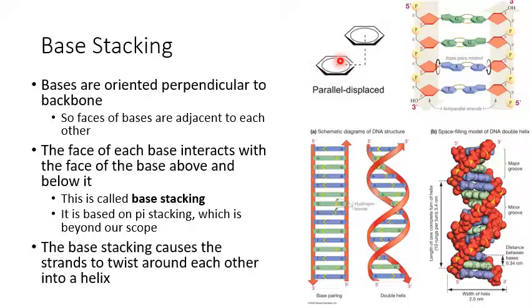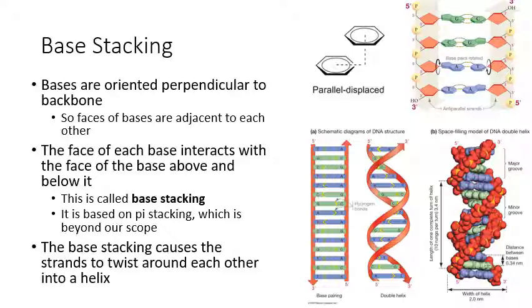So you would have one and then on top of it, but off to the side a little bit, you have the other. So in order for these bases to get into this arrangement so that they're not just on top of each other, but off to the side a little bit, they have to have the whole ladder twist around itself. So you would start with maybe a straight flattened out ladder, and then base stacking is going to cause that thing to twist around itself so that these bases can interact with each other and stick to each other a little bit.